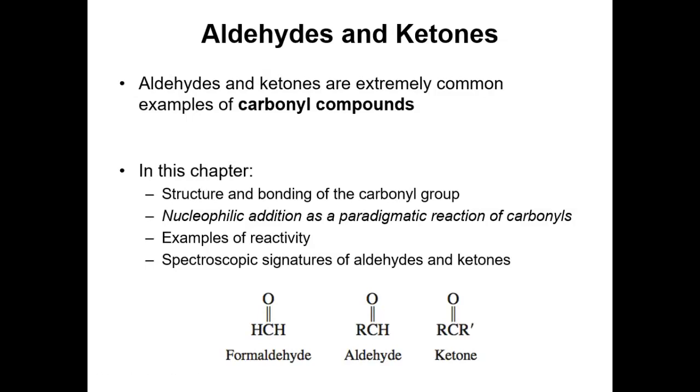Because this chapter specifically deals with aldehydes and ketones, we will be learning more about their spectroscopic properties, especially infrared, because that's the spectroscopic technique you really use in the organic 2 lab. Others you don't really use at this point. At least you might be given spectra, but you don't directly use the other techniques. But infrared you are really going to use.